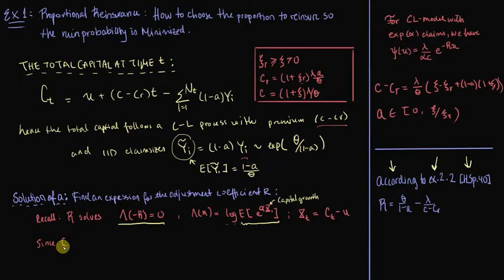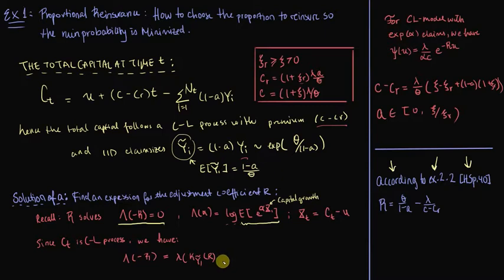since the total capital is a Cramér-Lundberg process, we have a result from lecture that tells us that the cumulant generating function in minus r is equal to the claim arrival rate multiplied by the moment generating function of the claim size in this Cramér-Lundberg process.